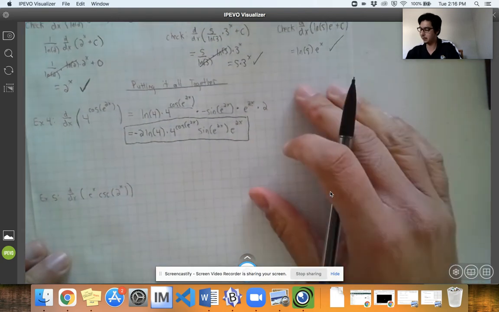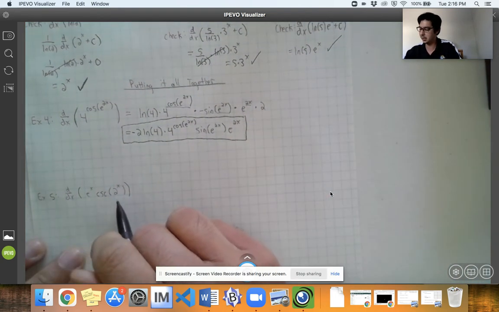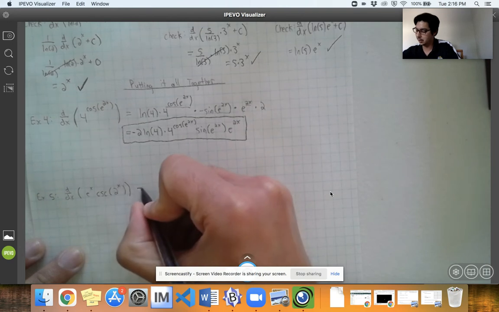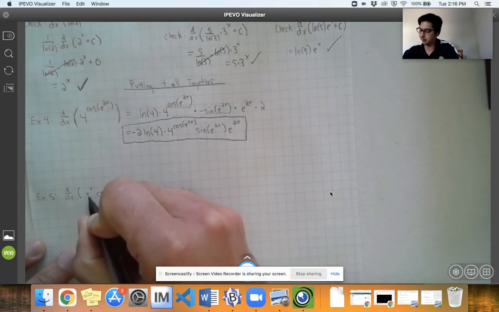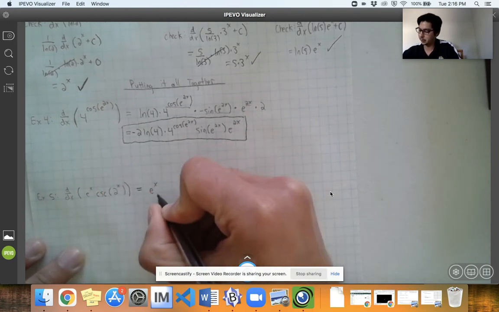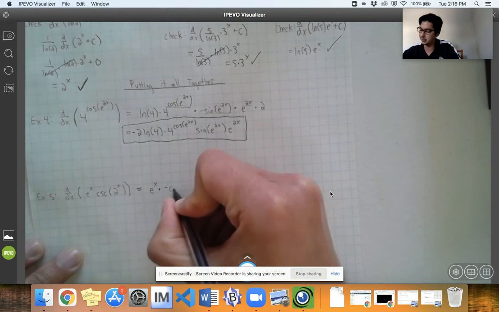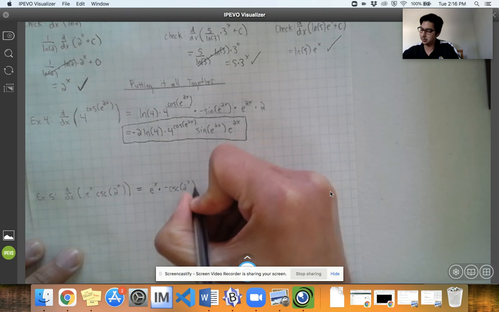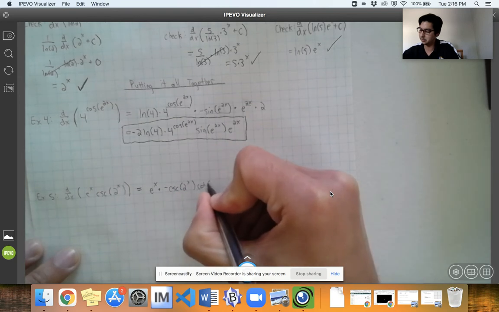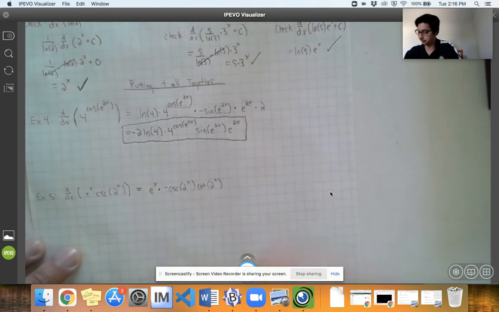All right, in example 5, the derivative of e to the x times cosecant of 2 to the x. We're going to have to use product rule here. So the first times the derivative of the second, and the derivative of cosecant is negative cosecant, the function, cotangent, the inside.